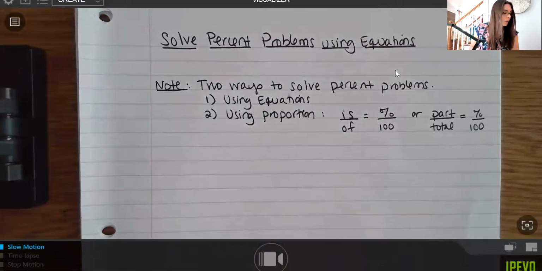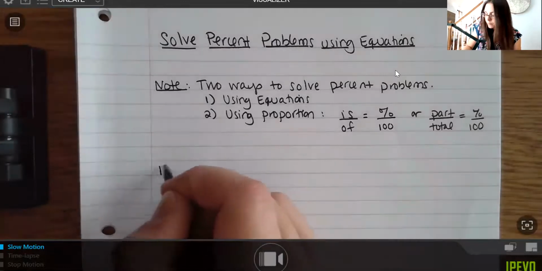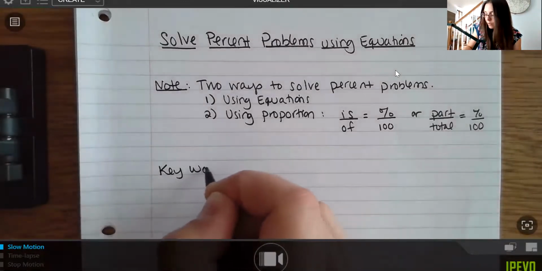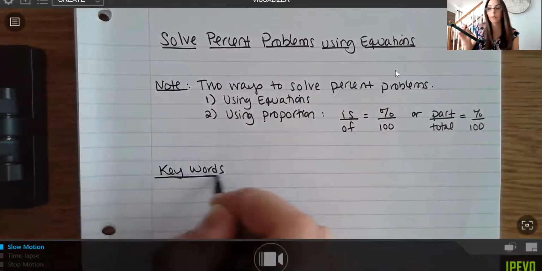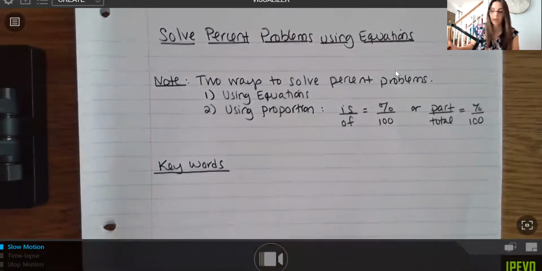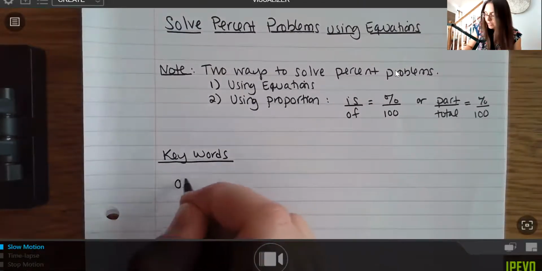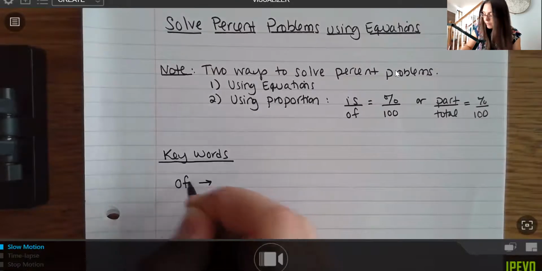Okay, so when we're writing our equations, we are going to use some keywords. And we've seen all these keywords already, but I'm going to just rewrite the most important ones for percents. So the first keyword that we see here particularly is that word of.